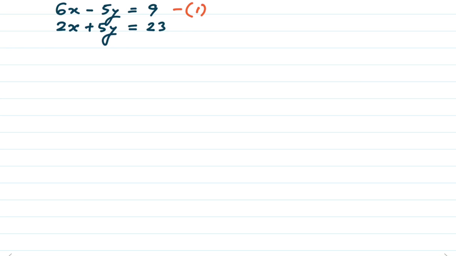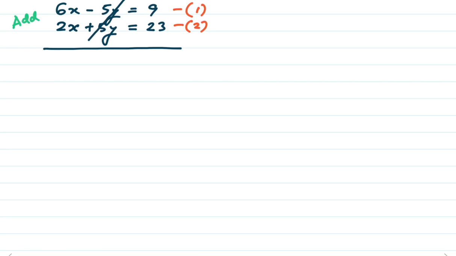This is my first equation, this is my second equation. Let's see. In the first equation, the coefficient of y is negative 5, and in the second equation, the coefficient of y is positive 5. So here, simply you just do addition. See what happens when you add them up.